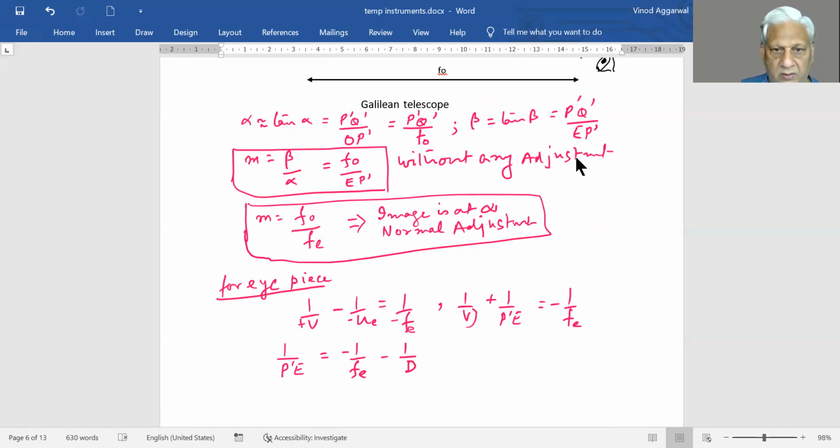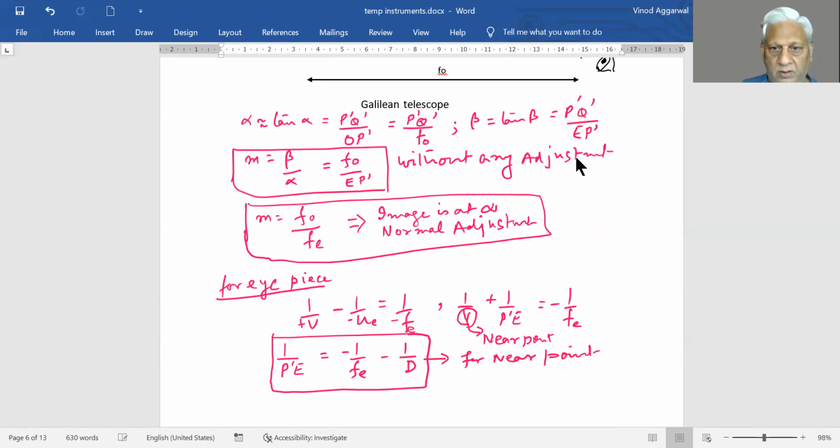With this V, we take it as the near point. Then this is our formula for near point adjustment.